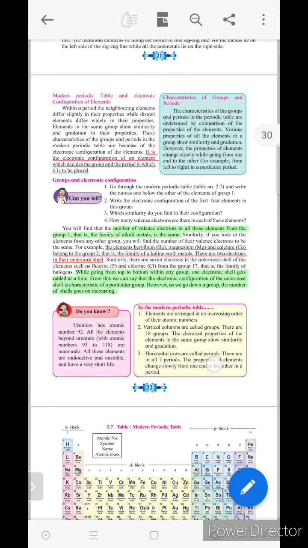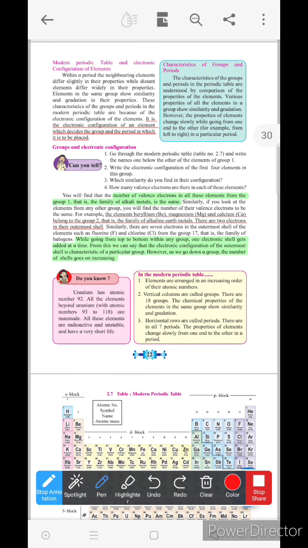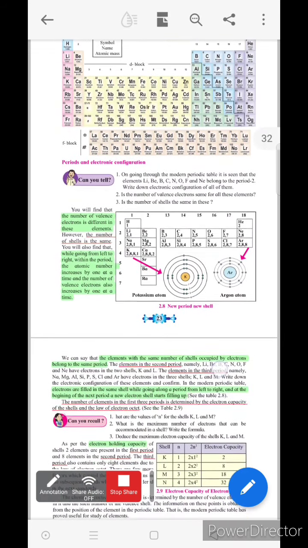On page number 22, the topic Can you tell is removed. And one more topic, Do you know, pink color box. These two topics are removed from this page.